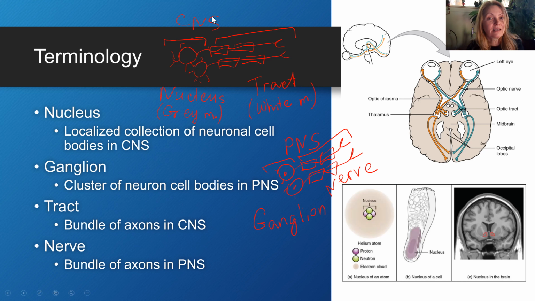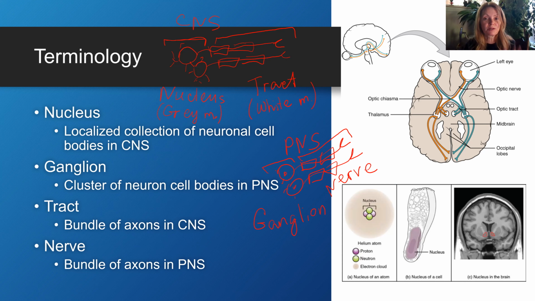In the CNS, we call cell bodies a nucleus and axons a tract. In the PNS, we call cell bodies a ganglion and axons a nerve. Also in the CNS, we call nuclei gray matter and tracts white matter. And we not only have tracts, we have other terminology too: association fibers and projection fibers.